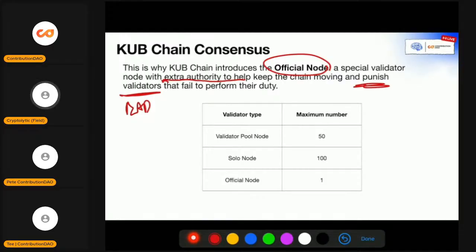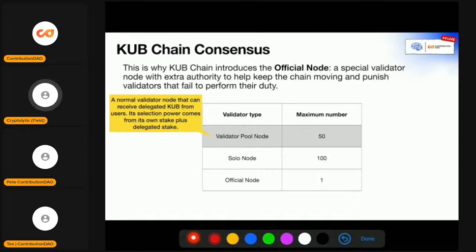As you can see in this slide, there are three types of node in KUB Chain. The first one is the validator node, just like other validators in a proof of stake blockchain.